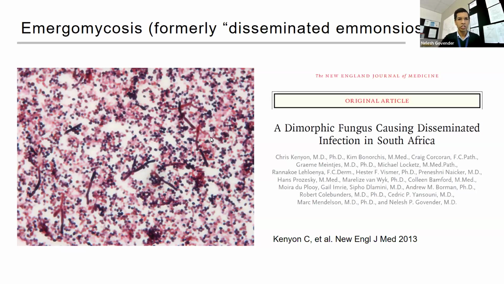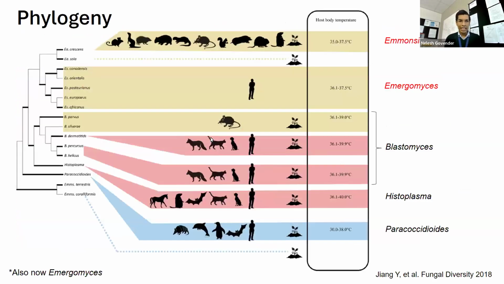This changed the paradigm and led to a taxonomic reshuffling within this entire group of fungi called the Ajellomycetaceae. So a new genus was set up or created to accommodate this new group of dimorphic fungi, causing disease predominantly amongst immunosuppressed human patients.